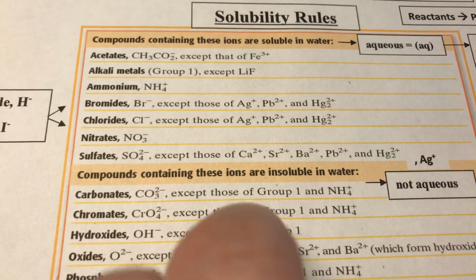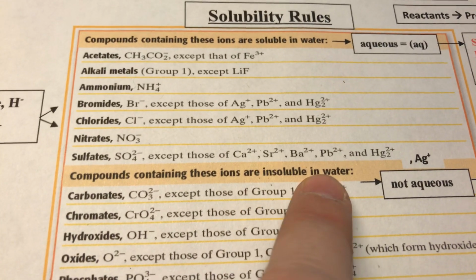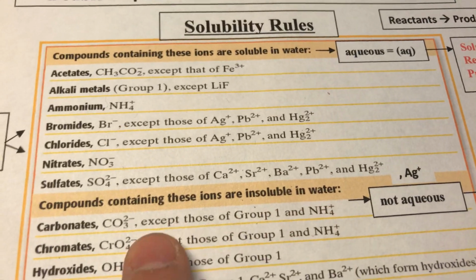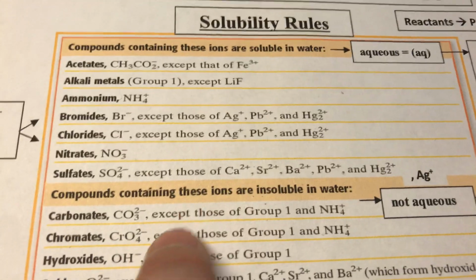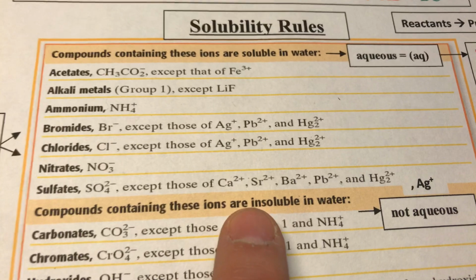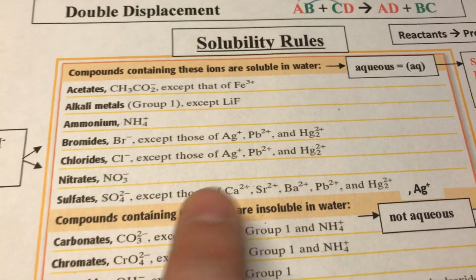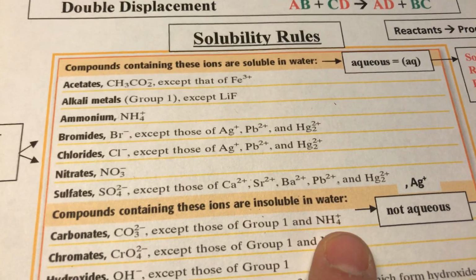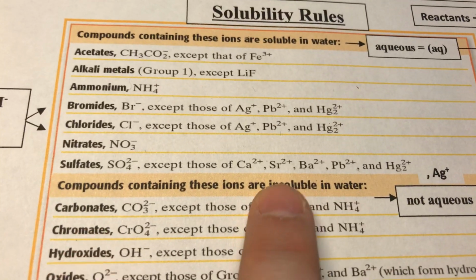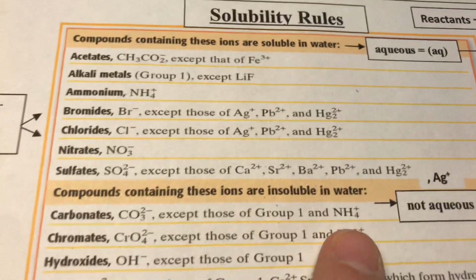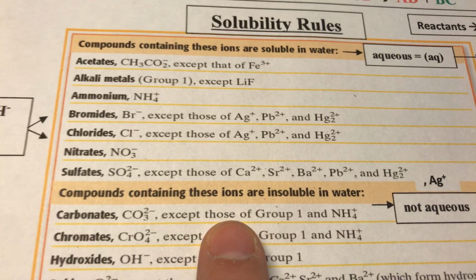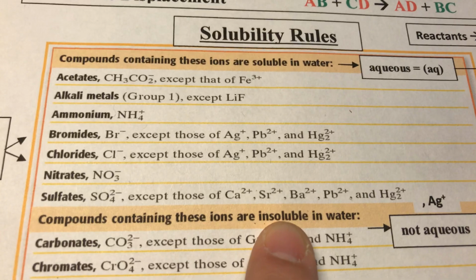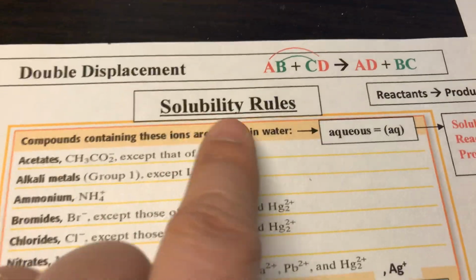Carbonates are insoluble except NH4. Except insoluble gives the opposite word, soluble. So carbonates are soluble except those of ammonium. Ammonium carbonate is soluble in water because ammonium is in the exception list. Anytime you see except, it is the opposite of this word.